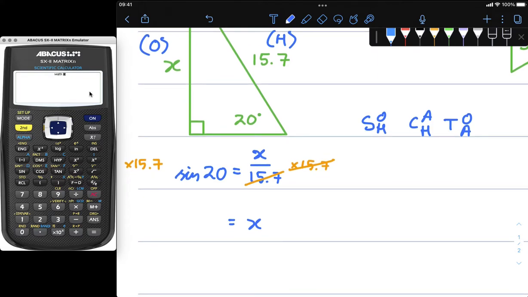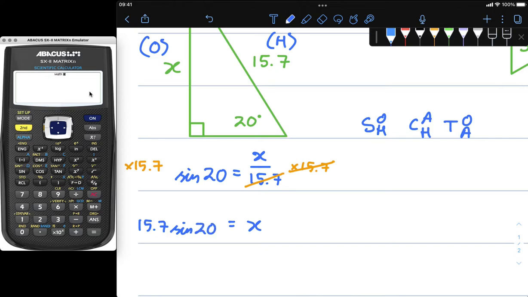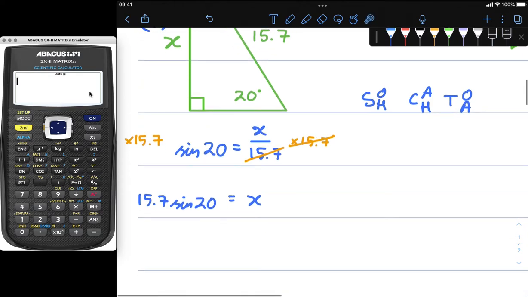And for the left hand side, when we multiply trig ratios, we write it like this: 15.7 sine 20. And that is exactly what we type into our calculator.